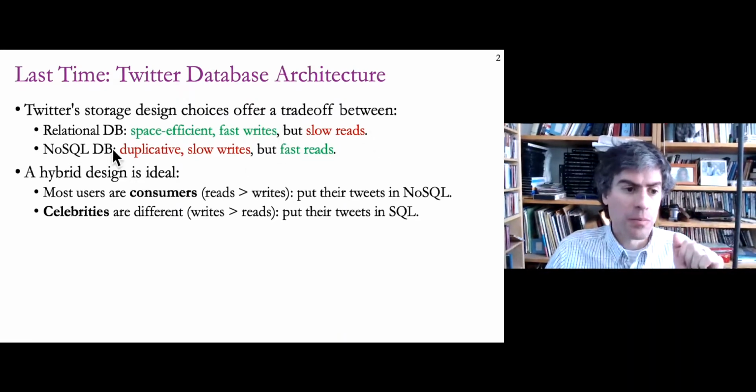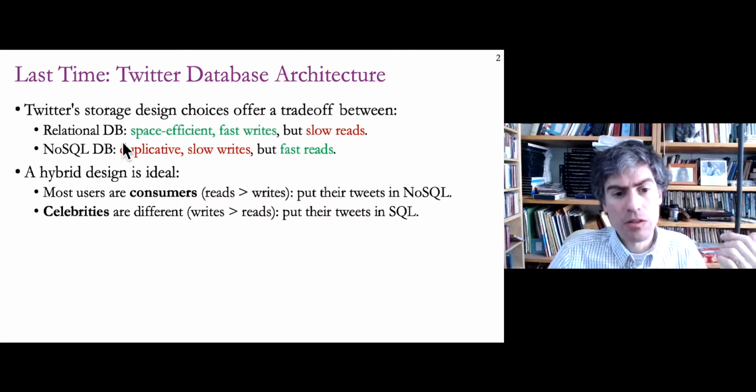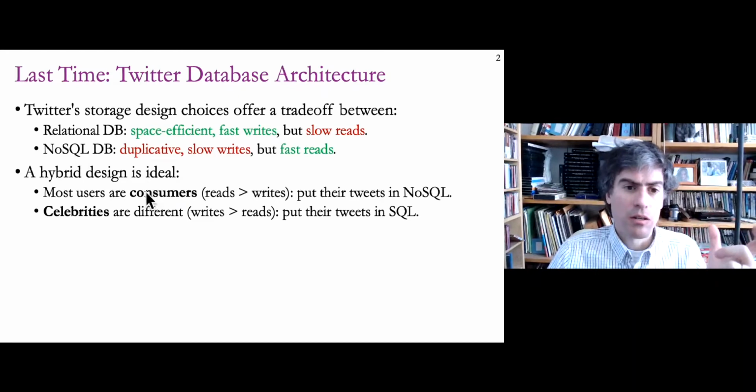The solution to that problem was to use a NoSQL database to pre-build feeds for users. That design made the reads fast, but writes were slow and there was duplication. Those are things that we accepted, but in particular for celebrities that have a lot of followers, writes became really slow in that design. So the final result was a combination of the two.